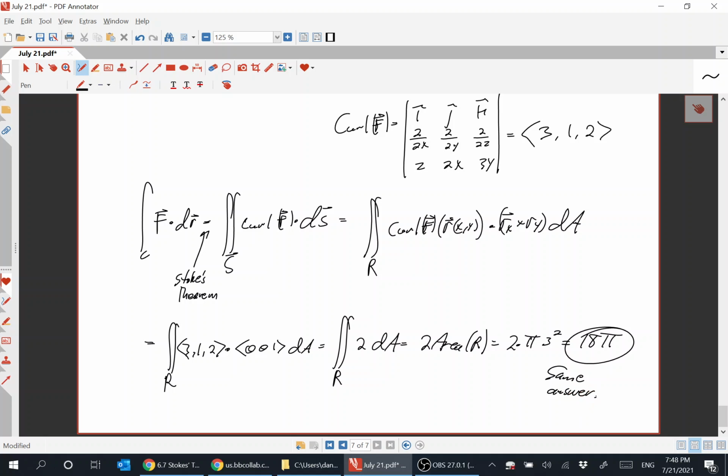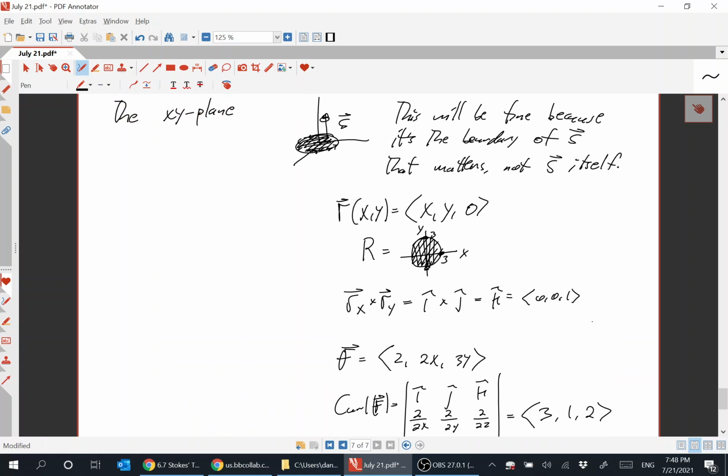Now if you wanted to do the calculation using the hemisphere, I think that's going to be significantly more complicated, because the parameterization is going to have that square root business in there, 9 minus x squared minus y squared. But somehow, in the end, it doesn't matter.